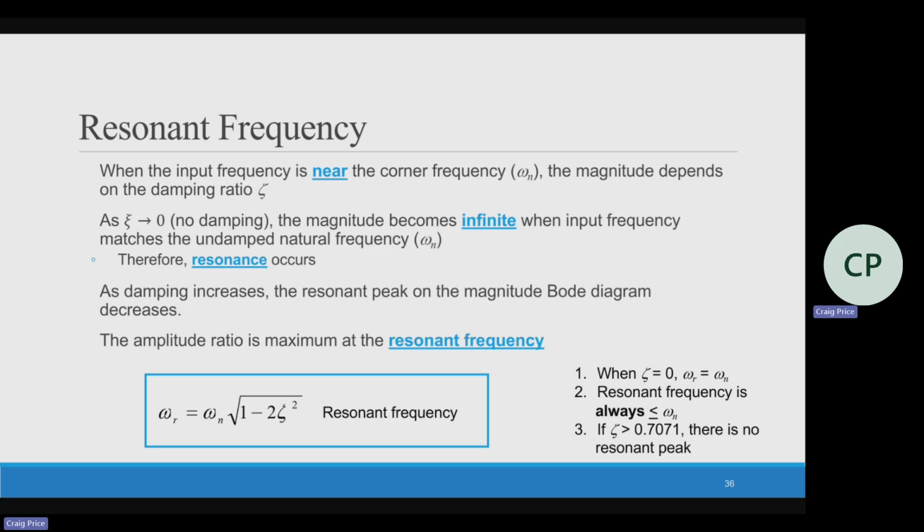It looks like a first order. So with enough damping, we can essentially take out any kind of resonant frequency. We're not going to see any change really in our output amplitude. But if I want resonant frequency, that's where we want to have little damping. So a small amount of damping allows us to have that resonance.